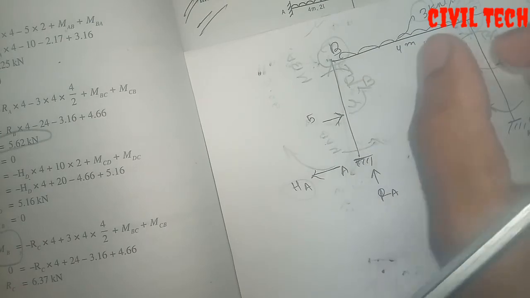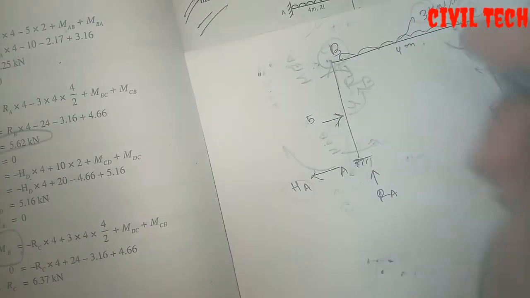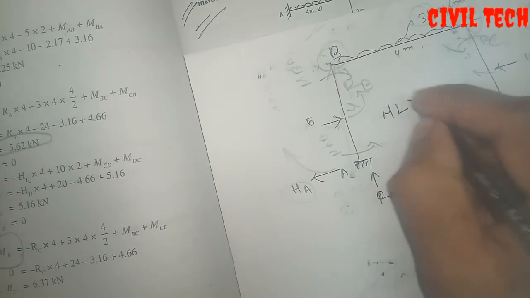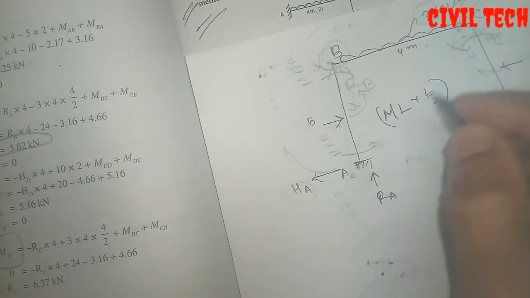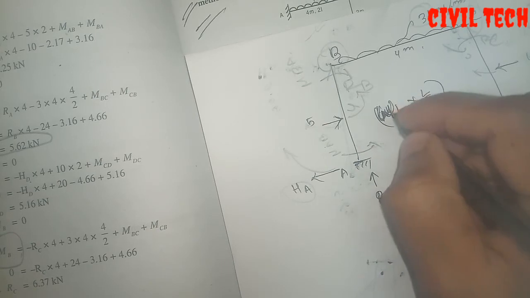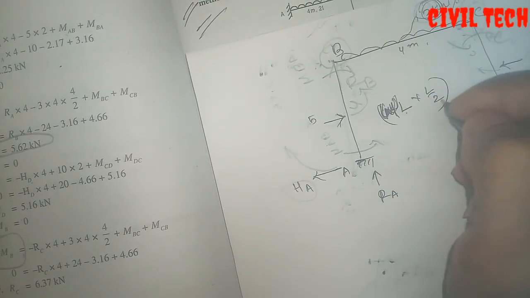While you calculate the moment for a UDL, our formula is W into L into L by 2. That means UDL load into length into L by 2.